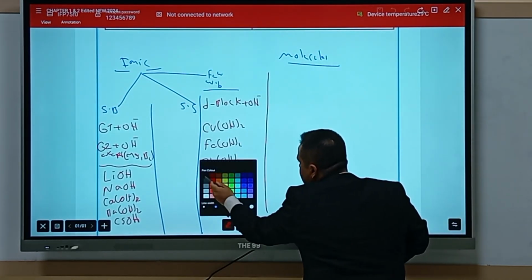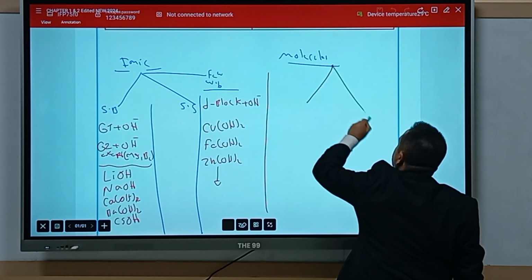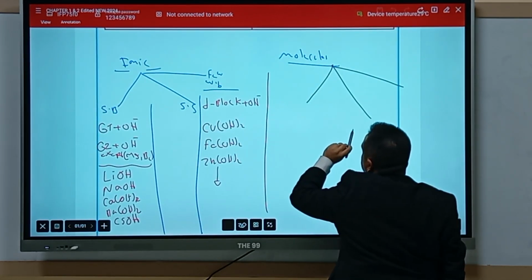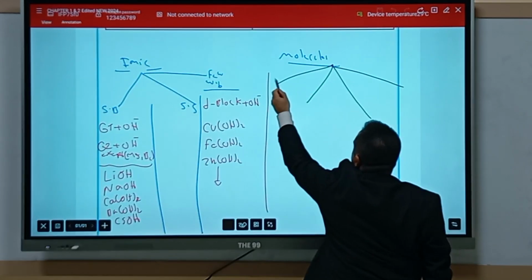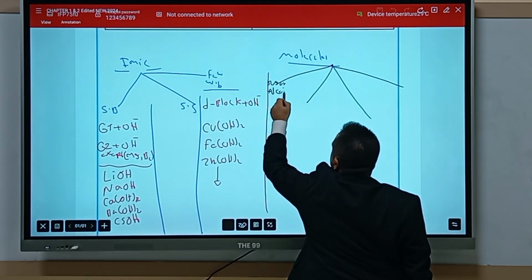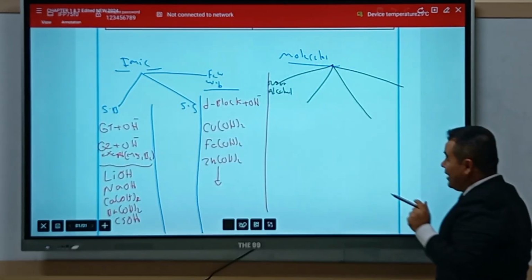How about the molecular compounds? We have got three groups of the molecular compounds, four groups in detail. Sugar plus alcohol, which are non-electrolytes.